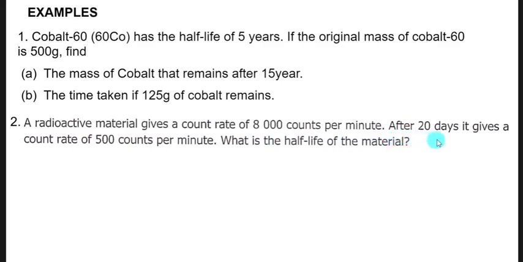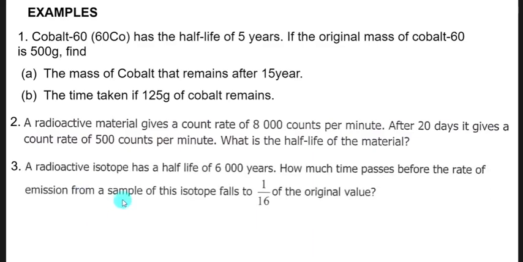Then after 20 days, it gives a count rate of 500 counts per minute. What is the half-life of the material? Then 3, a radioactive isotope has a half-life of 6,000 years. How much time passes before the rate of emission from a sample of this isotope falls to 1/16 of the original value? So let's see how we can answer these.